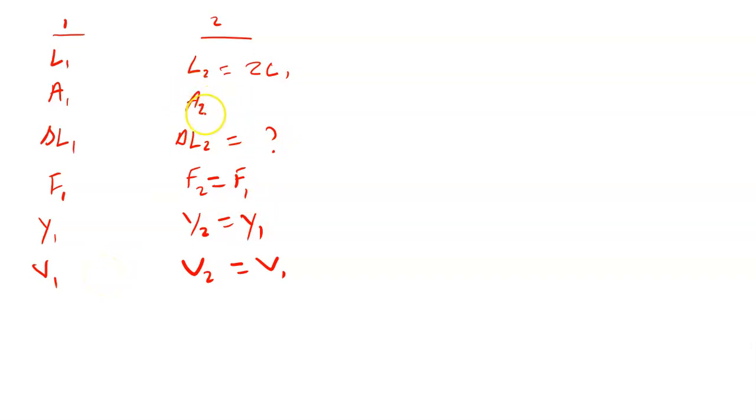So nothing has been mentioned in terms of the area for both wires. Now, how do you find the area? We know that, or volume. How can you find the volume of the wire? A wire is going to be cylindrical, so the volume of a wire generally is going to be the area multiplied by the length.